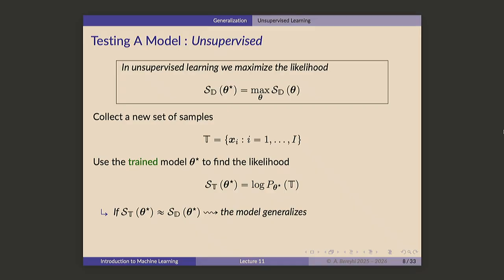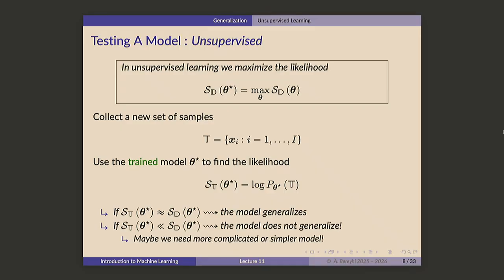This is good. But if you see that this new likelihood you are computing is significantly less than that on the training set, what does it mean? It means that the new samples are not very likely. There are two possible cases. Either you are extremely unlucky when sampling the test set, and only unlikely samples are coming up, or your training was wrong.